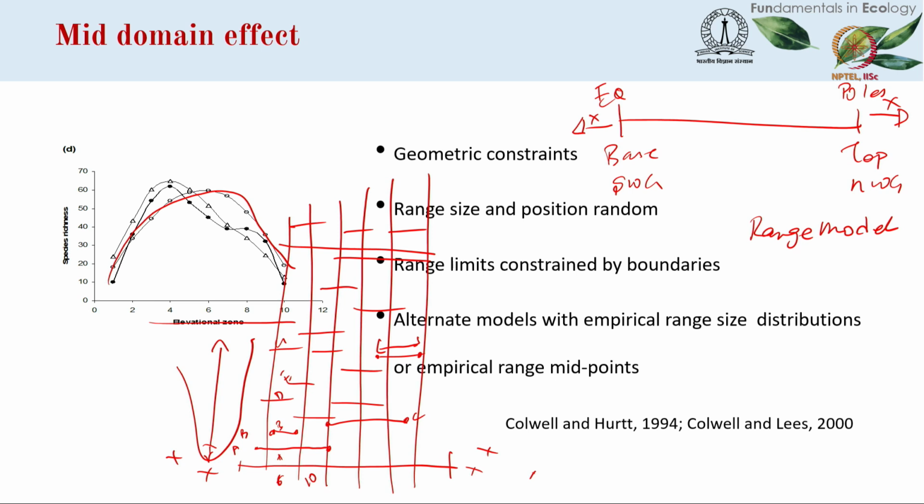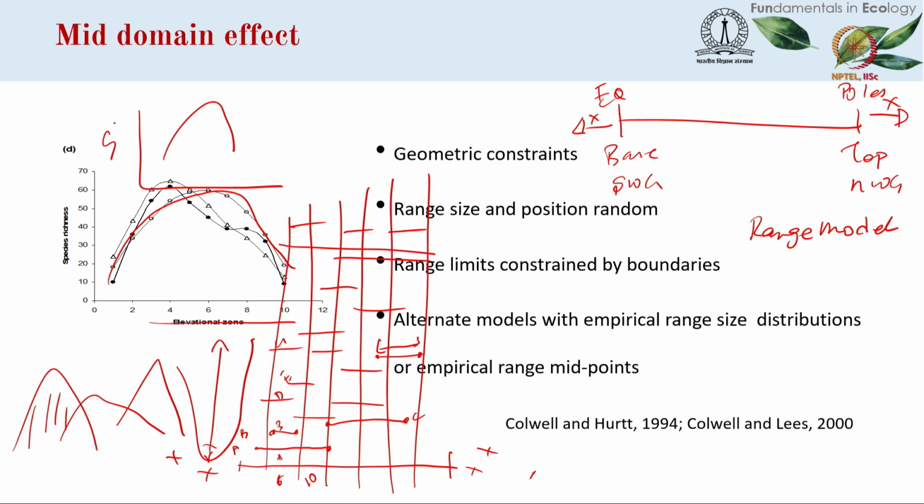So Colwell and Lees were pointing out that if I have a mountain range, and I were to distribute ranges randomly on this, that by itself would produce a hump-shaped relationship between species richness and elevation.